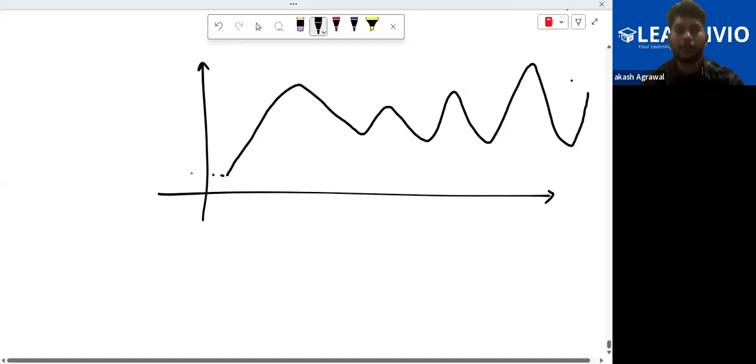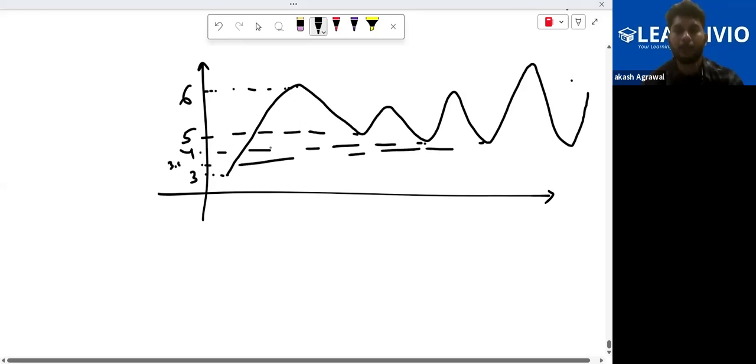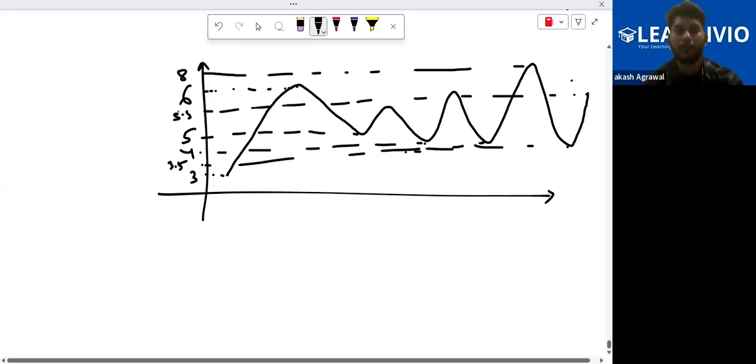So let's say this is 3, 6. Can say this is 5, 4, 3.5, 8, and again 3.5, and then is 5.5.